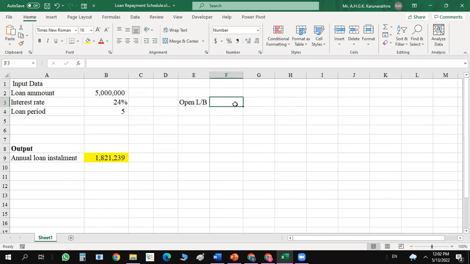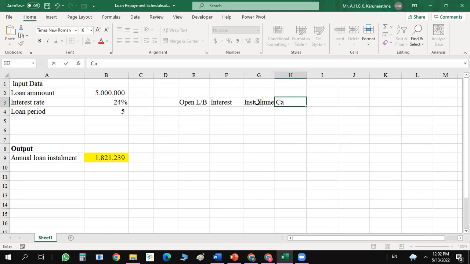Okay, then interest for the period. Then installment. Then capital repayment. Capital payment, that means loan repayment. Capital payment, principal payment.